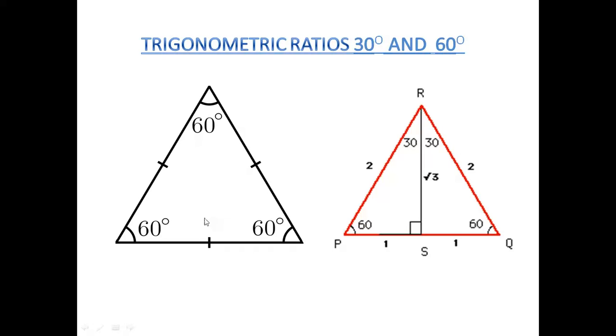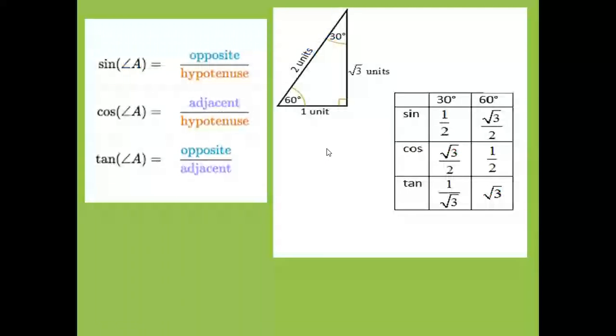For this equilateral triangle, draw an altitude RS, so that this altitude is also equal to the median. Here it is 90 degrees, this is 60 degrees, and this angle is how much? 30 degrees. That means if I take it separately, from the equilateral triangle we cut it like this, and we got this one.